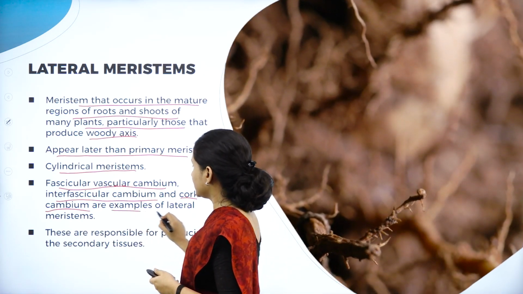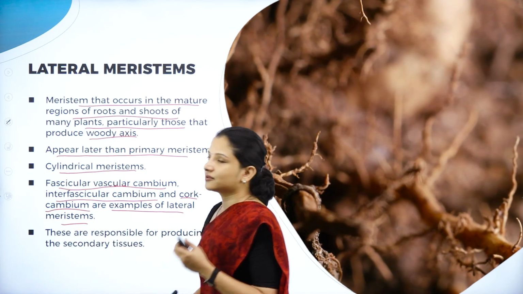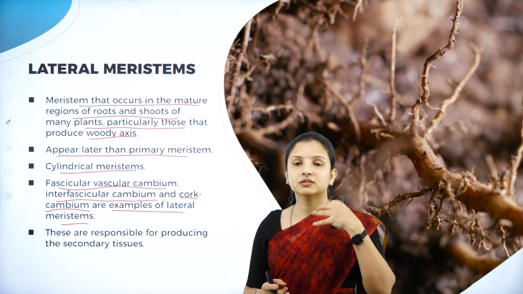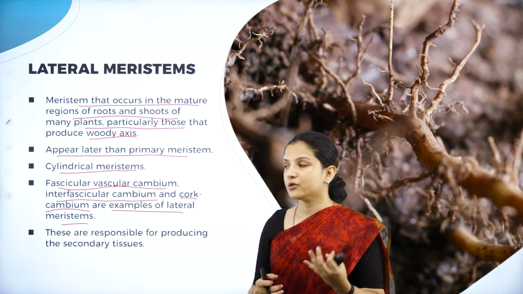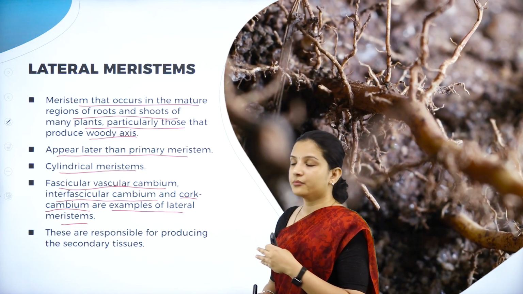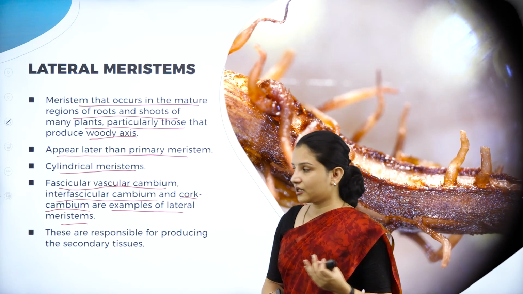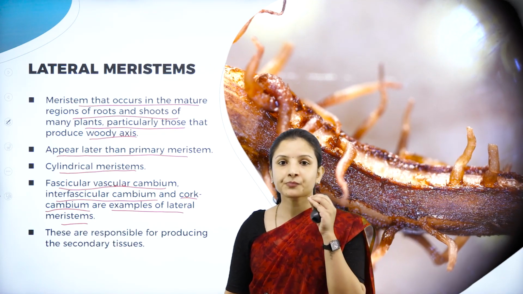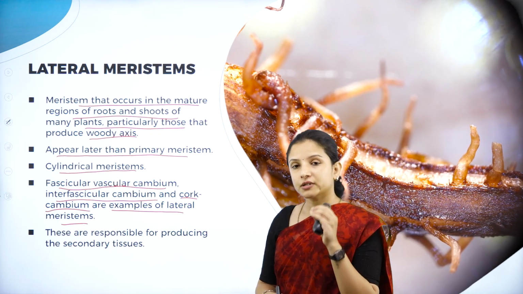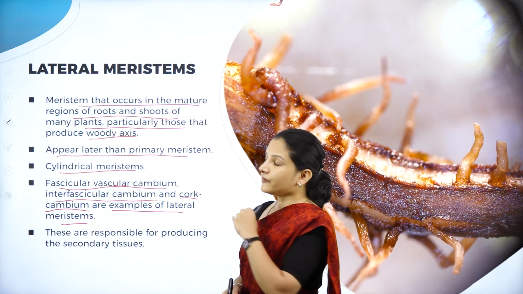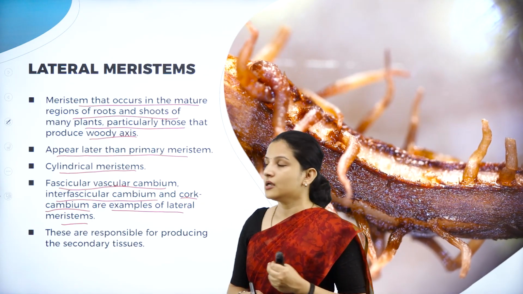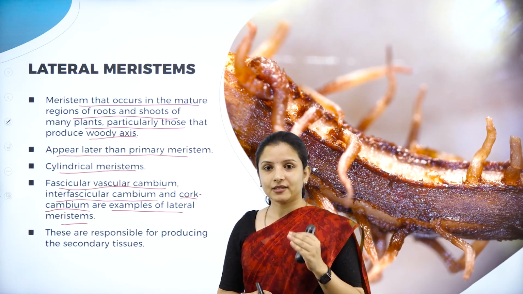And these are the examples of the lateral meristem, that is the cambium. Cambium is nothing but the second formed cell. So all the cambium regions such as the vascular cambium, the interfascicular cambium and the cork cambium are the best examples for the lateral meristem. So what were the best examples for the apical meristem? It was the shoot apical meristem and the root apical meristem and the intercalary meristem.